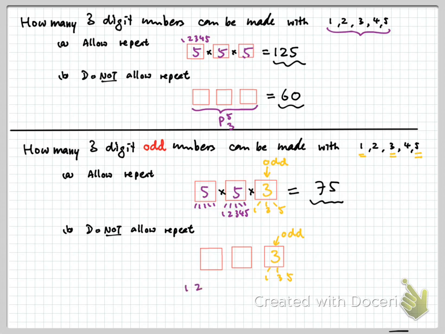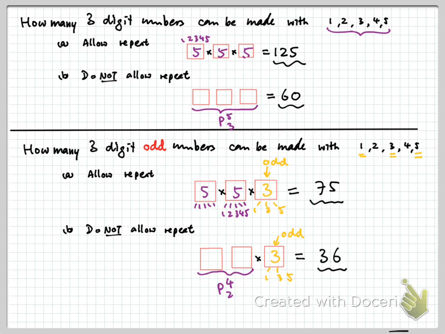One of 1, 2, 3, 4, 5 is taken, maybe a 5, maybe a 3, maybe a 1, but one of them is taken. Among the 4 digits, we choose 2 of them to line them up. So there are 4P2 ways to line up the other 2 boxes. In the end, it is 4P2 times 3, and the answer is 36.